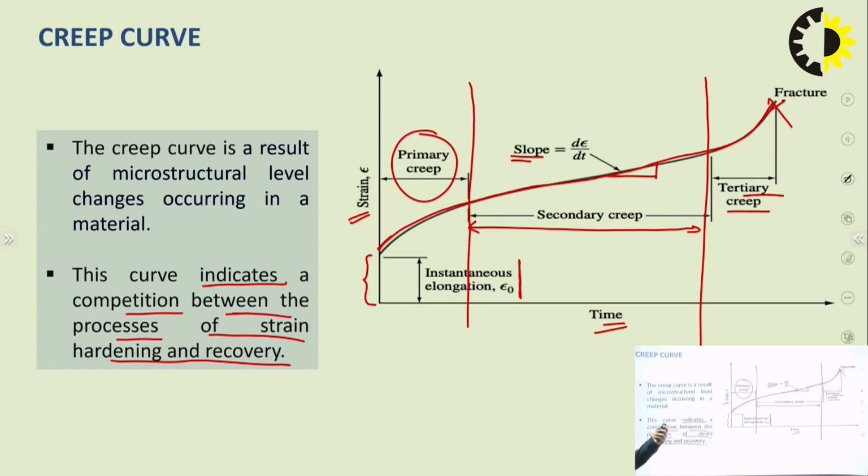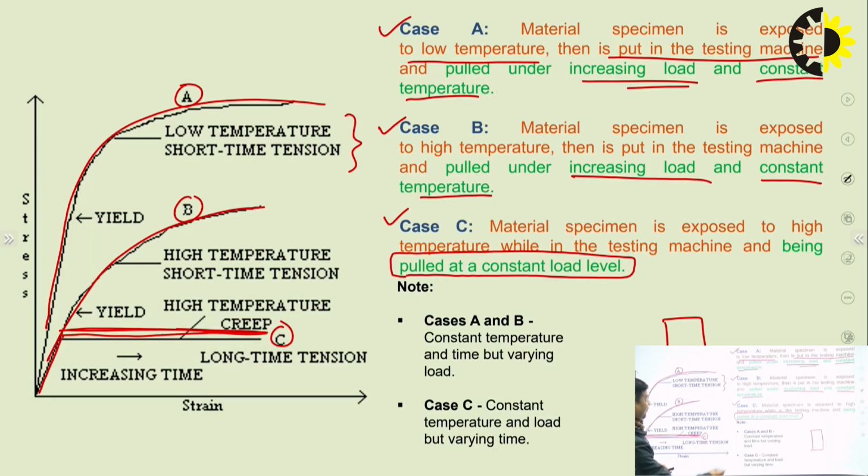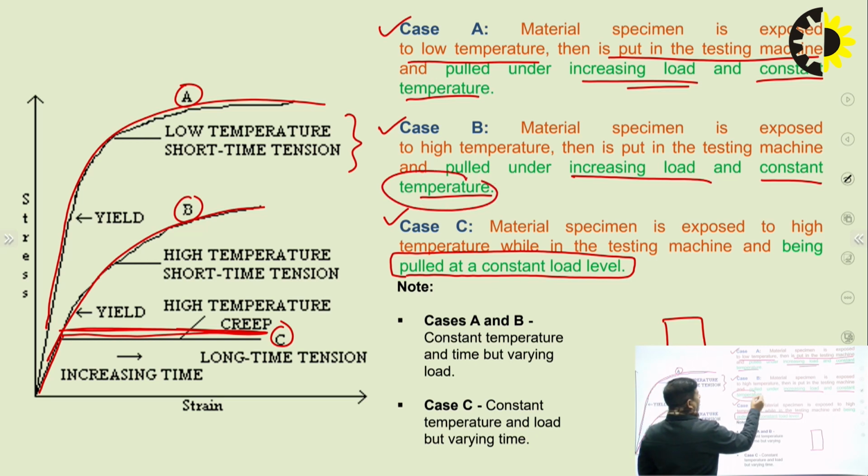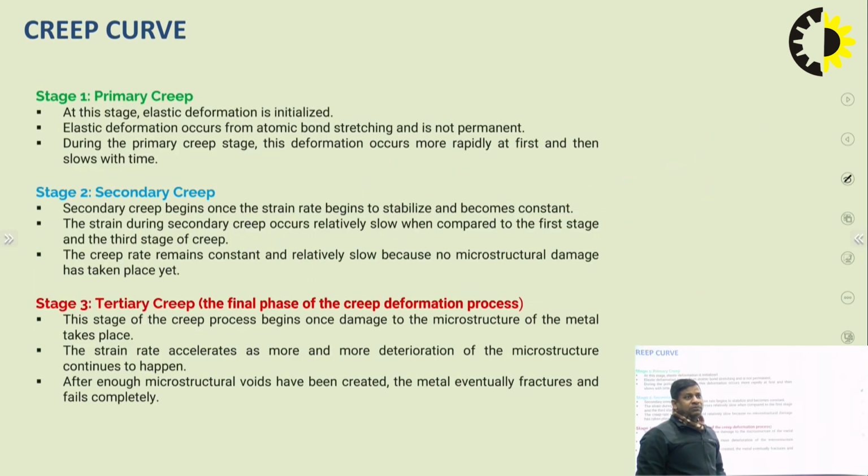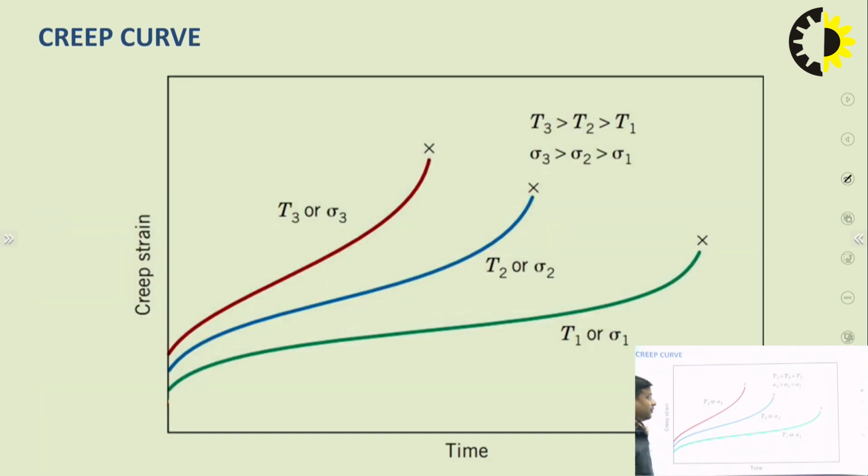So if I draw the same curve at different temperatures. In the last slide we have seen the effect of temperature, high temperature and low temperature. If I draw the same curve with various temperature zones, you can see the range of temperature here.